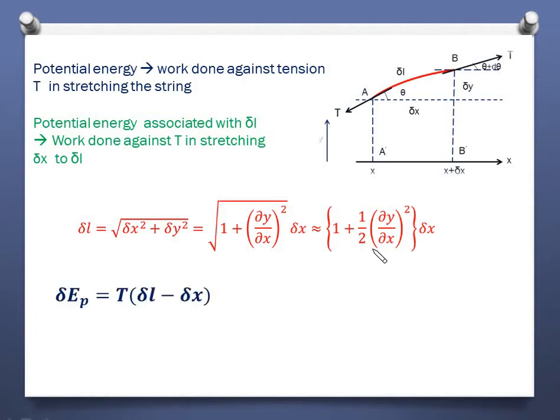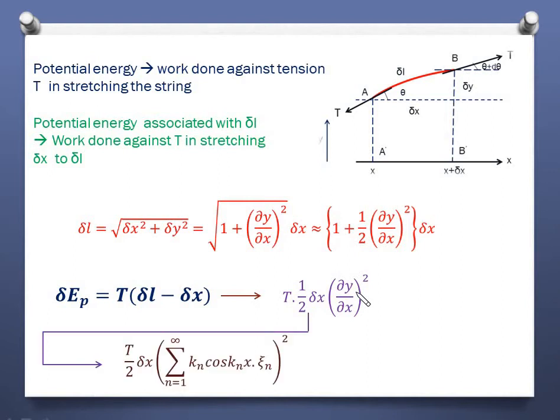Now the potential energy will be T times the change in the length, that is delta L minus delta X. So just substitute delta L minus delta X from this expression. This becomes T times half delta X into del Y del X square. Substitute the value. Del Y del X we can find out. We know Y is sine kn x xi n.